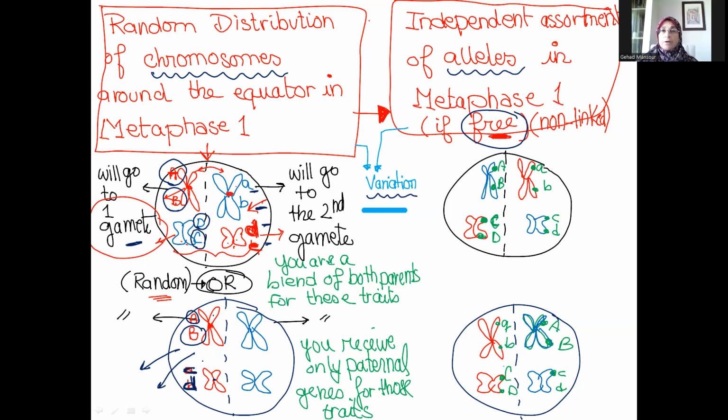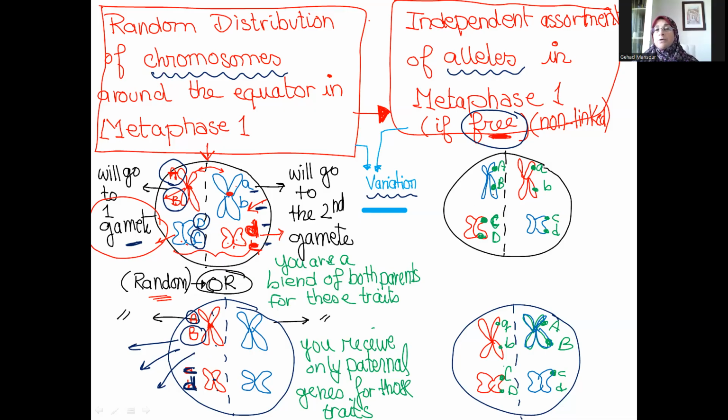This does not matter, and we cannot expect it because it occurs at random. But in the lowermost possibility, which is this one, it happened that you received two maternal chromosomes in one gamete, but this is because we are considering only a small number of chromosomes.